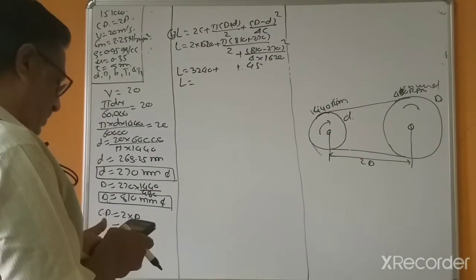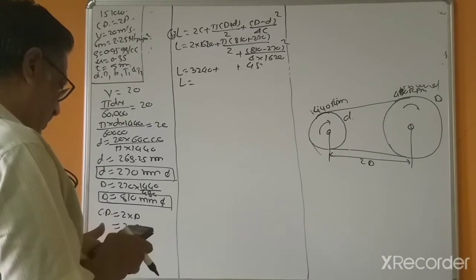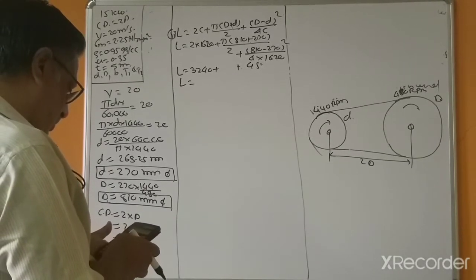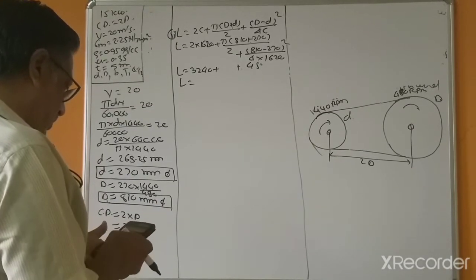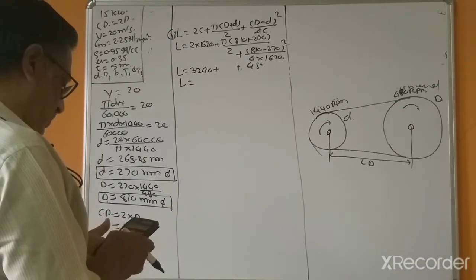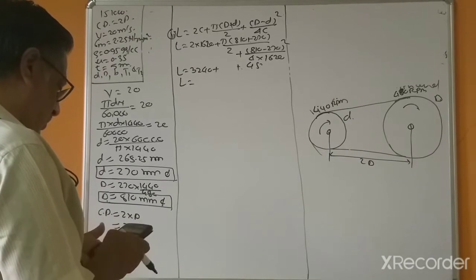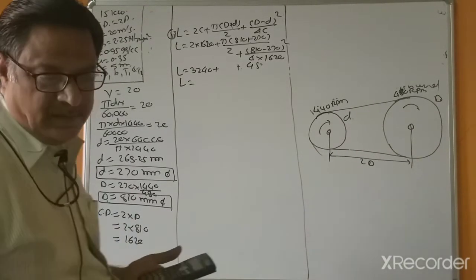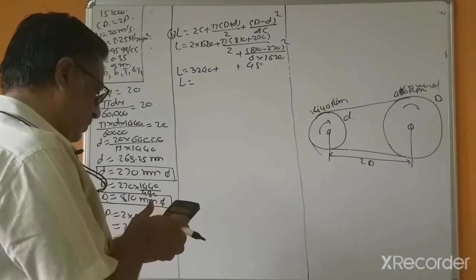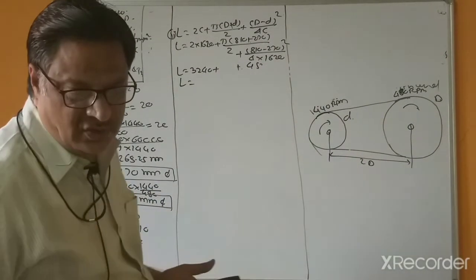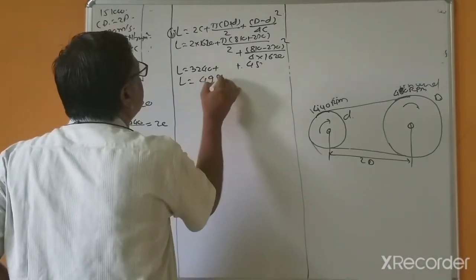That gives 4981, this is the length of the belt required.